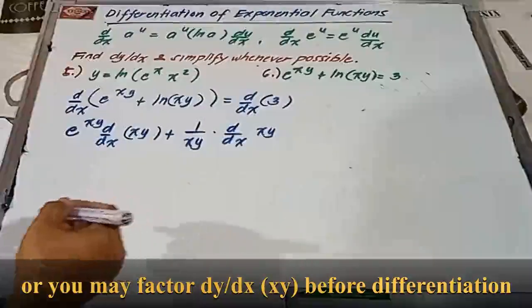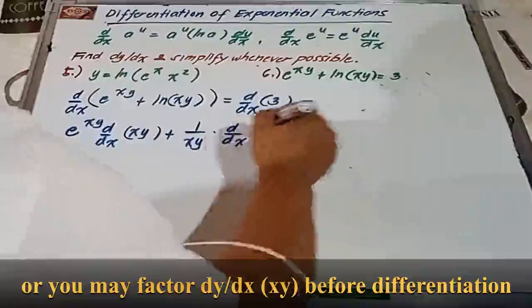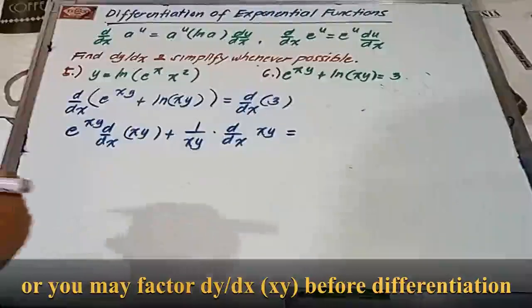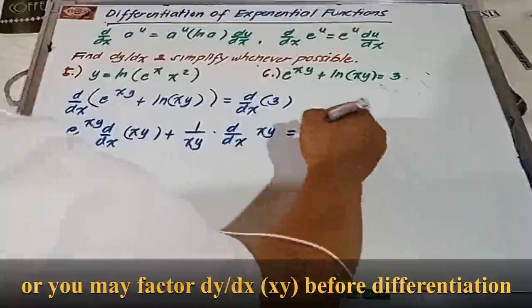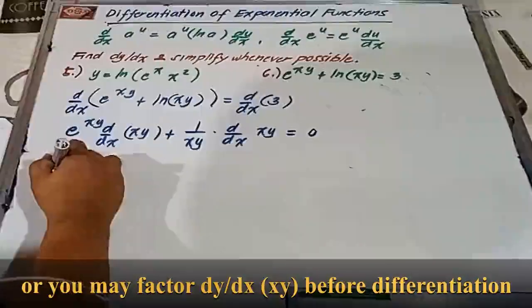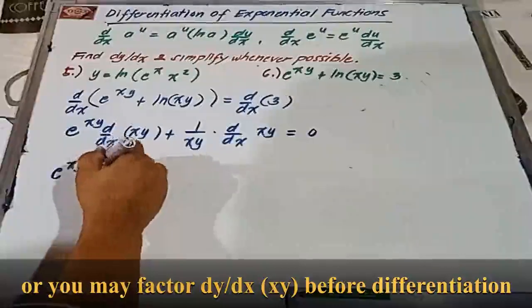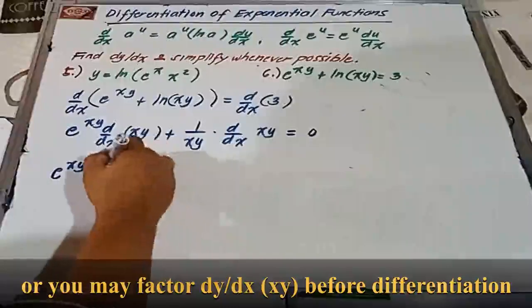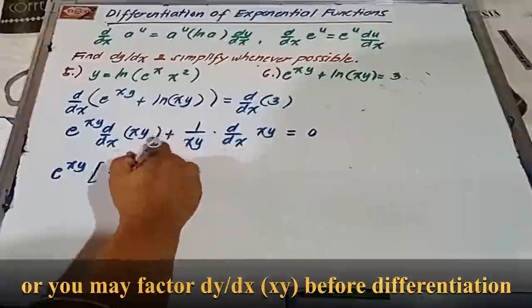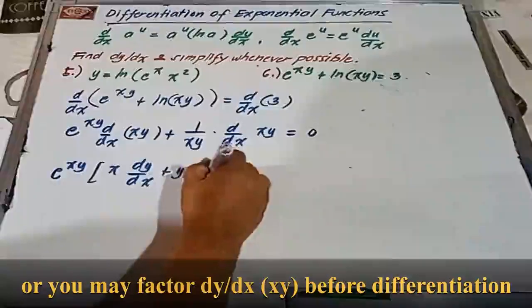Okay. Pwede natin i-factor xy dito, pero sundin na lang natin yung rule of differentiation. Derivative ng 3 is 0. Okay? So, we have e to the xy times x derivative ni y plus y derivative ni x.